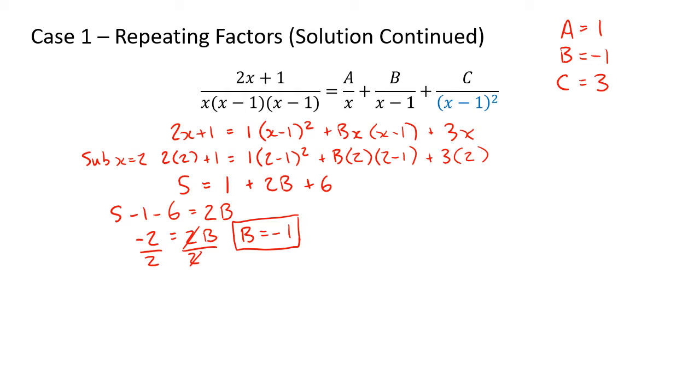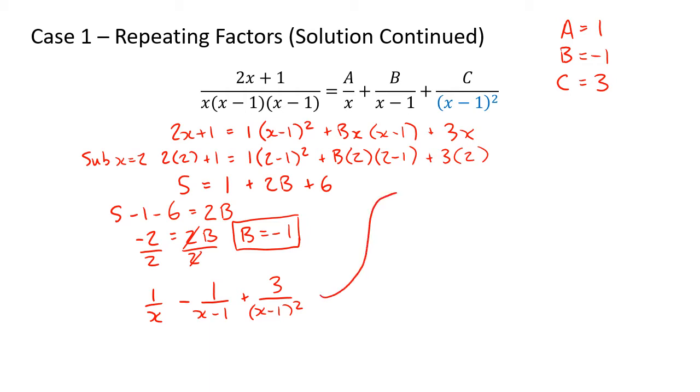So if we substitute those in, all right, we get 1 over x minus 1 over x minus 1 plus 3 over x minus 1 squared. Okay? So we can substitute that into our original integral.